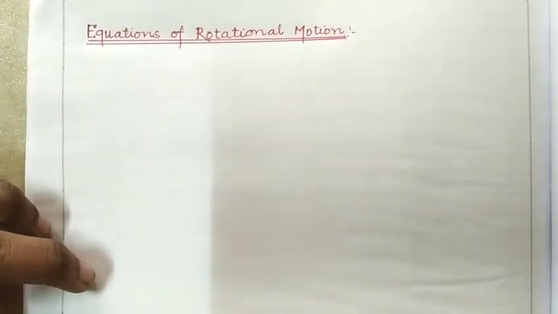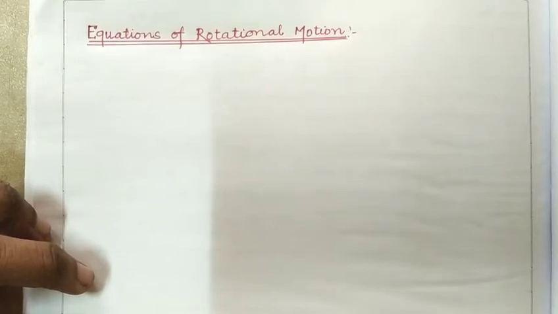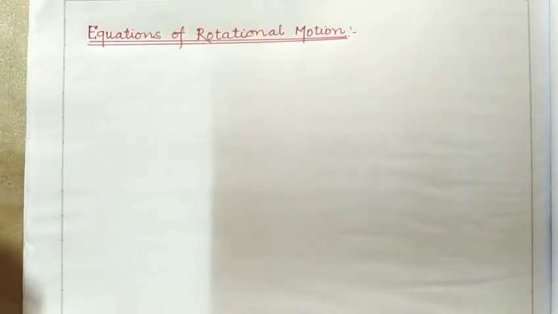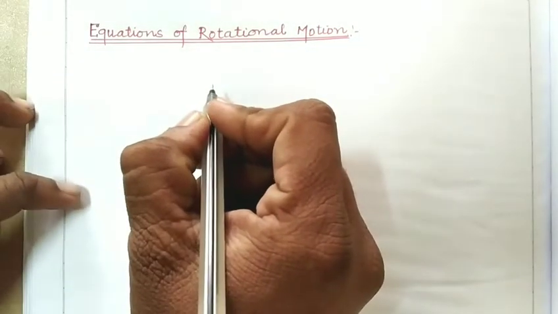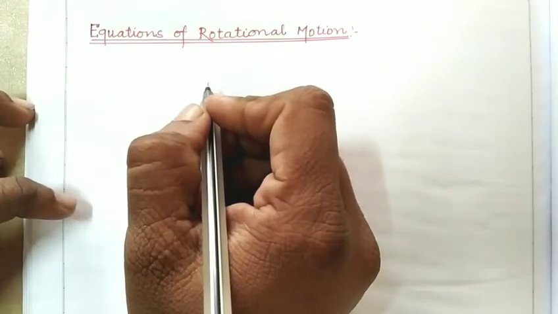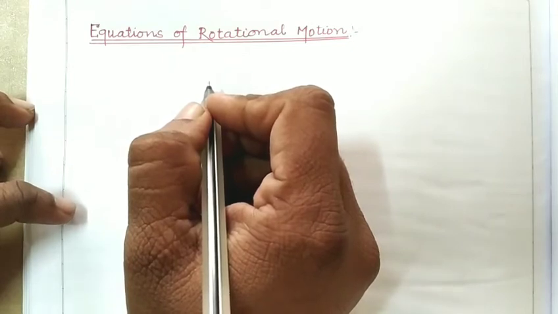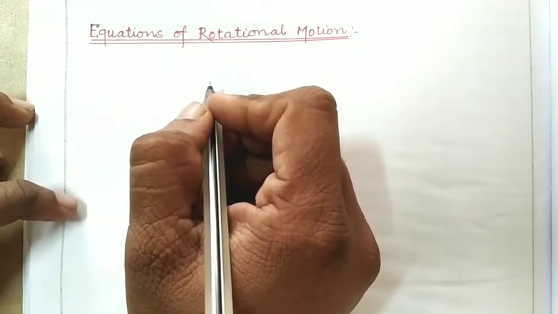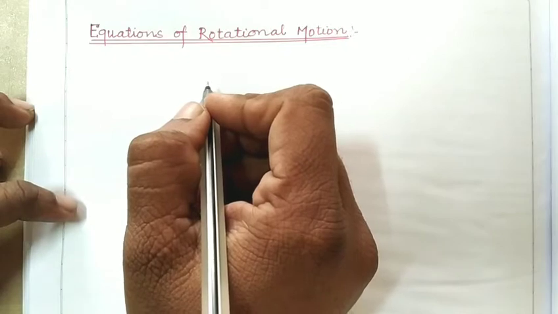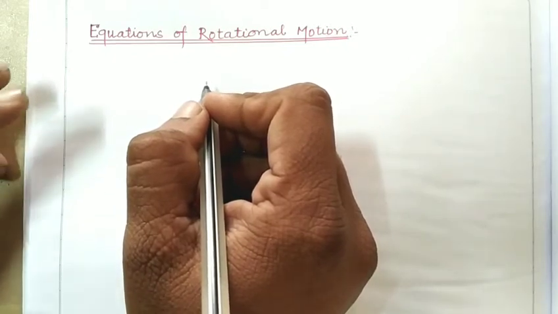Students, as we have learned about the linear motion of a body, here I am going to give you a glance at how we can differentiate between linear and angular motion, and how we can give the equations of motion when a body possesses linear motion as well as rotationary motion.